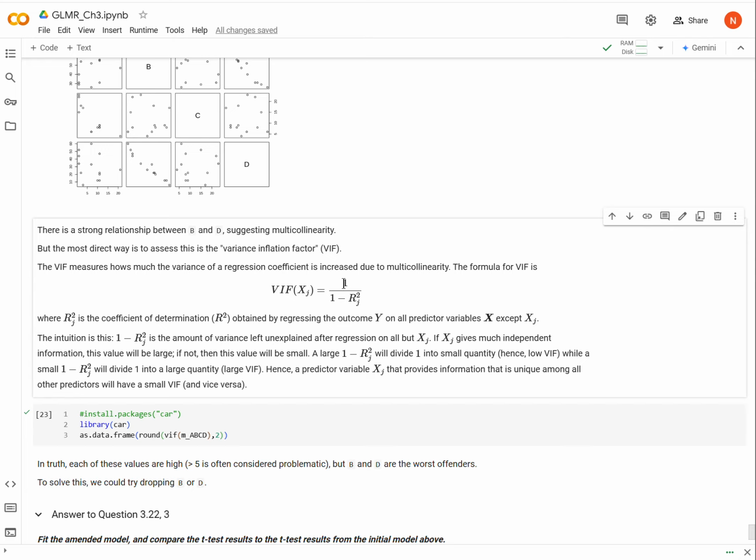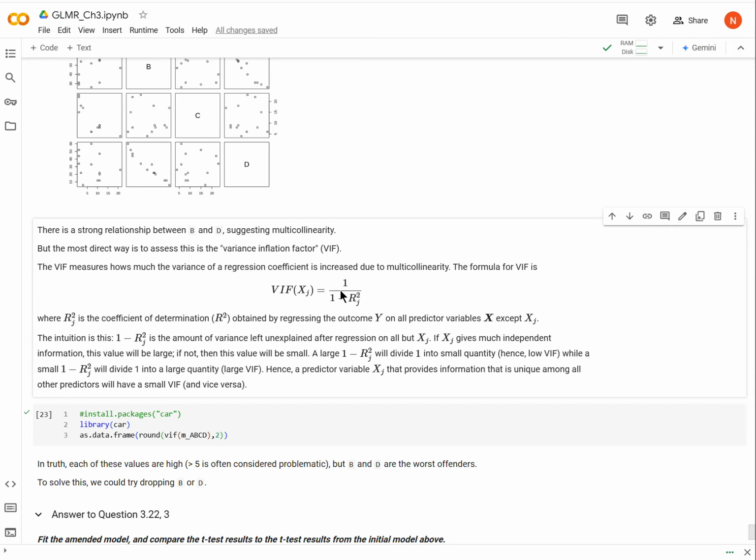And so now if I divide 1 by a value pretty close to 1, I'm going to get a reasonably small number. Okay? And that would mean that the variance inflation factor for xj is small. And if the variance inflation factor is small for a given coefficient, then it means that that predictor variable contains information that is not contained in the other variables.